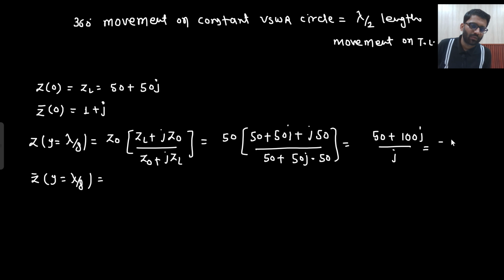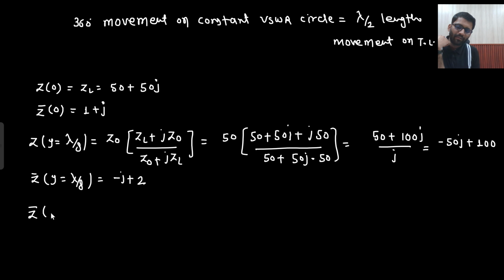Now what we are getting is minus 50J plus 100. If I calculate the real one, not normalized, at lambda by 4, that would be Z naught square by ZL, right?